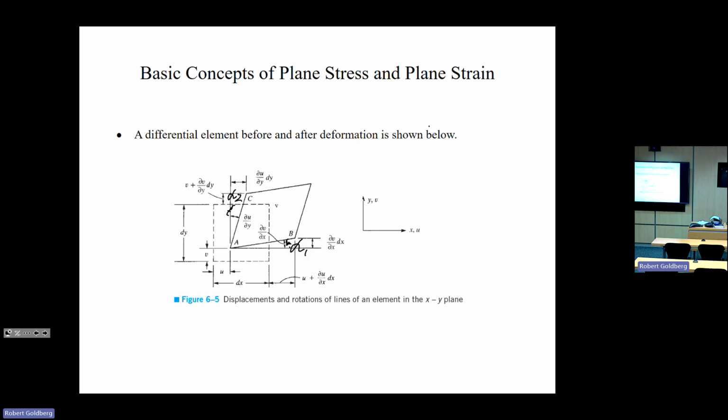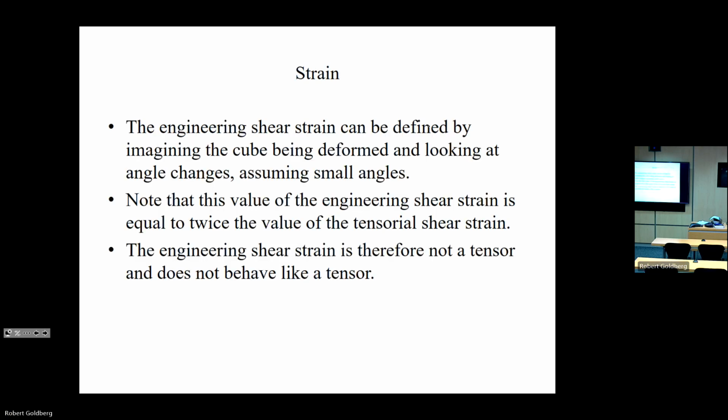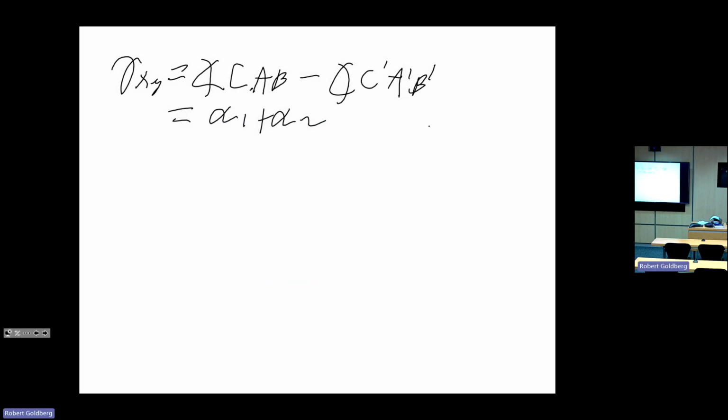So alpha 1 plus alpha 2 plus C prime A prime B prime equals the original CAB. Because these are small angles, we can say that it's approximately equal to the tangent of alpha 1 plus the tangent of alpha 2, because for small angles, the angle's equal to its tangent.